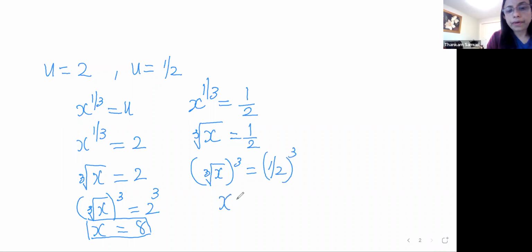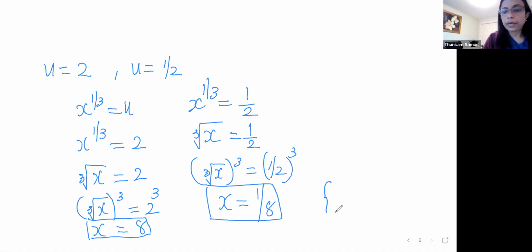So x equals 1/8. So the final solution is 8 and 1/8. When you substitute these values back into the original equation, it will satisfy the original equation. So these are the final answers for the given equation.